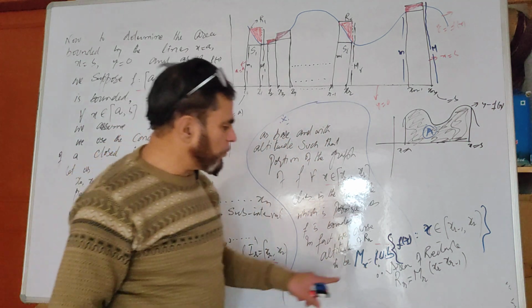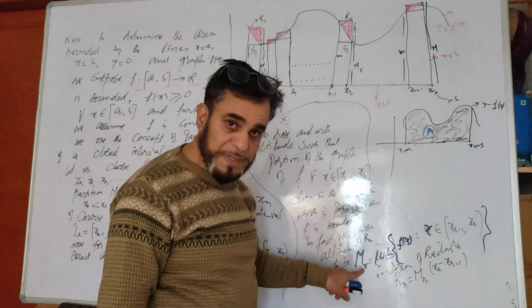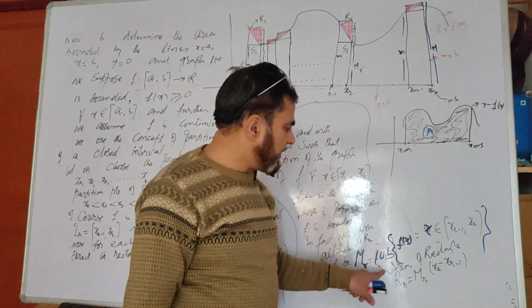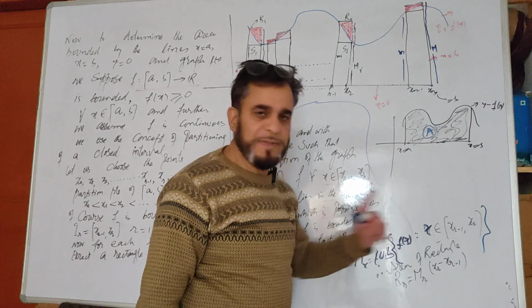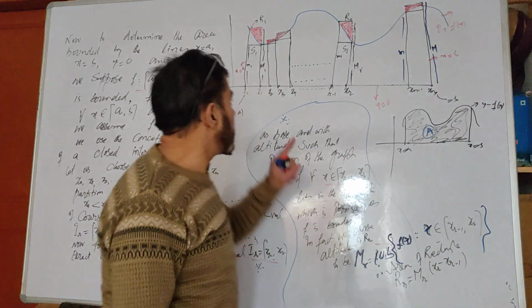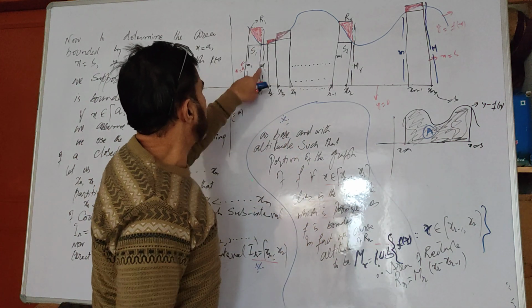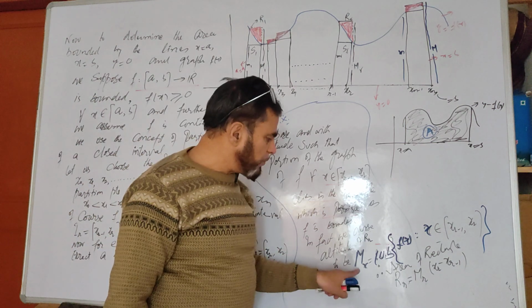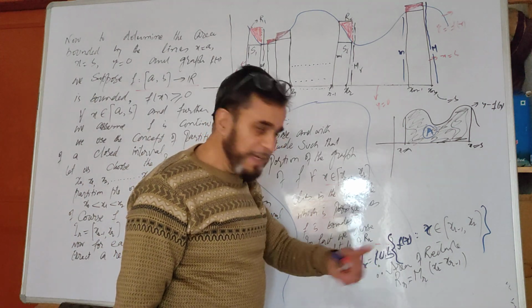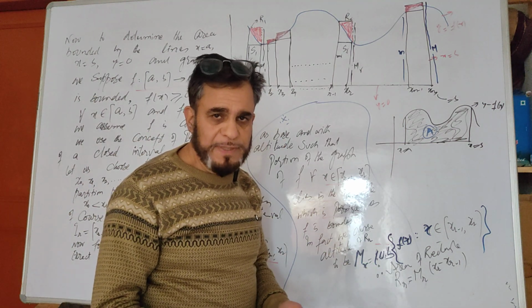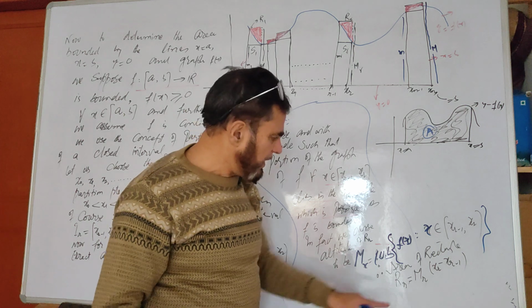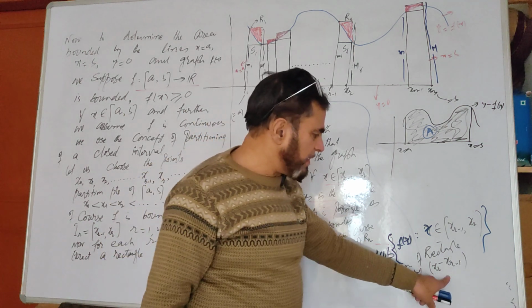That means when you put r equal to 1, capital M1 will be the LUB of f on [x0, x1]. The highest point going is this M1. Similarly, when you put r equal to 2, M2. The area of the rectangle is length into breadth, simple. This is the height, this is the breadth.